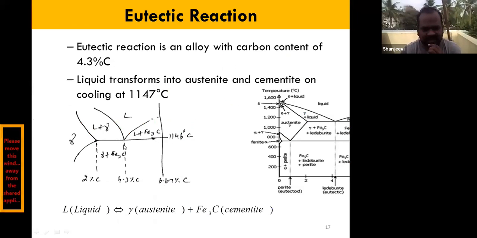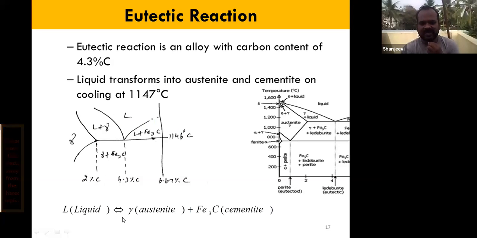Then below this point is gamma plus Fe3C, because liquid is the initial stage. When we are decreasing gradually, liquid disappears and becomes solid. So here austenite plus cementite combination is there. So this is the reaction.